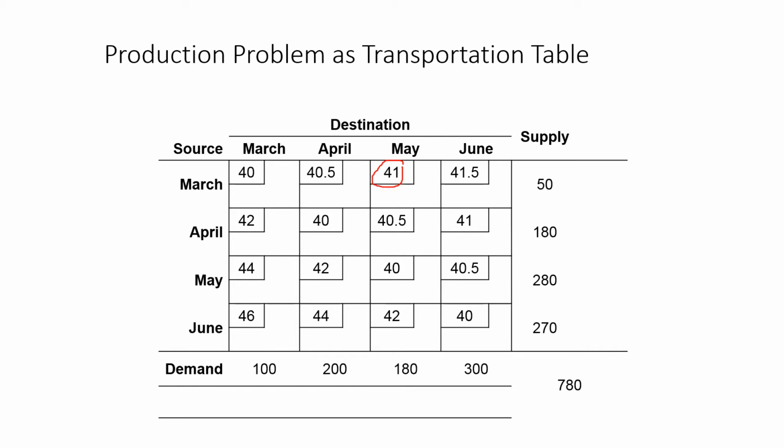And similarly, this is 41.5, because this was left in inventory. If a backpack was produced in March and left in inventory for 3 months, the cost is $40 plus the $1.5 of holding or inventory cost. The same thing for the month of April.